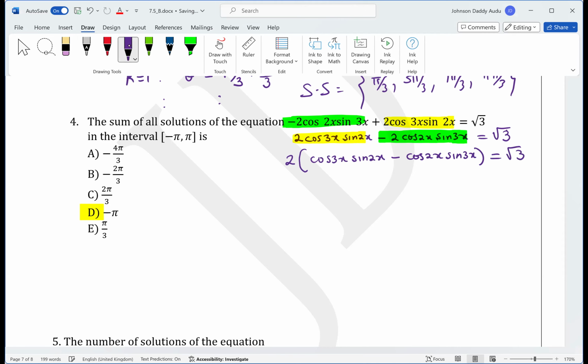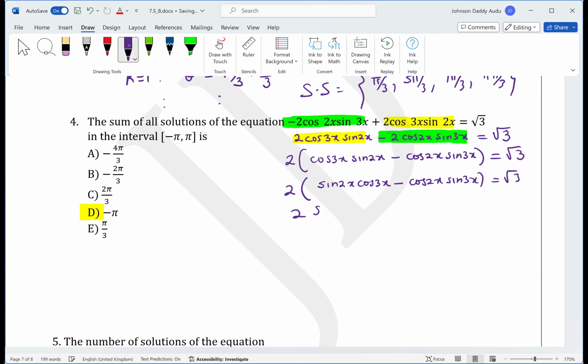So now this one, we can write it as sine. Yes, this can be written as sine, because, okay, one more step. I can write this as sine 2x cosine 3x minus cosine 2x sine 3x. Yes, so this is a combination.